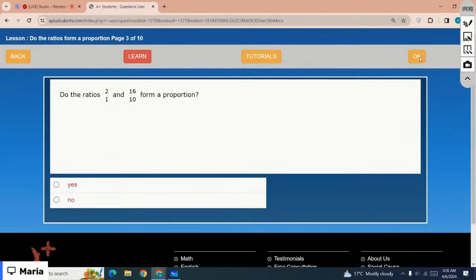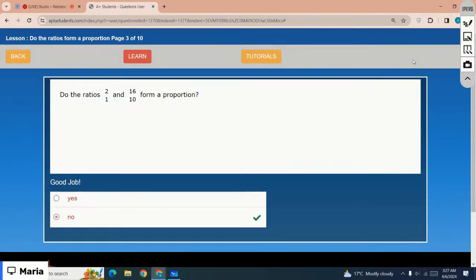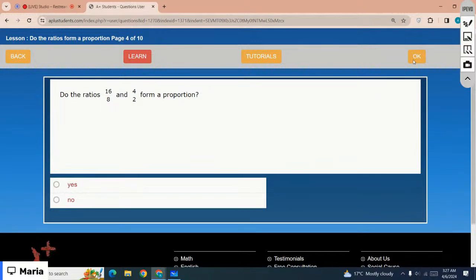The correct option is no, right? Because the cross product is not equal, so they do not form a proportion. The correct option is no. Do the ratios 16 by 8 and 4 by 2 form a proportion?